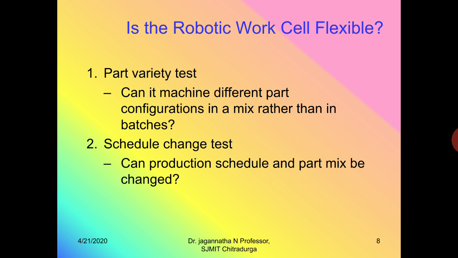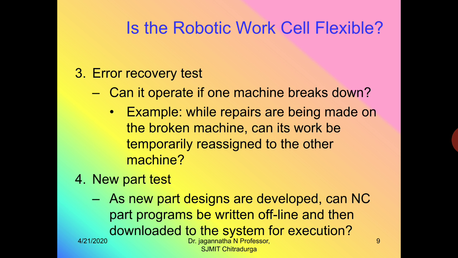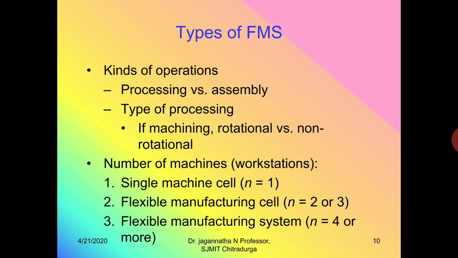Second, a schedule change test: can the production schedule and the part mix be changed? Third, an error recovery test: can it operate if one machine breaks down? And the fourth is the new part test: as a new part designer or developer, can the numerical control part program be written offline and then downloaded to the system for execution? These are the questions. If the answer is yes, we can implement it.